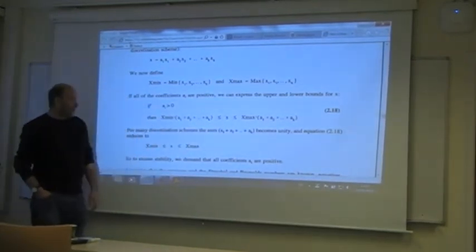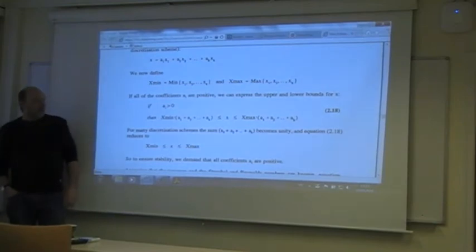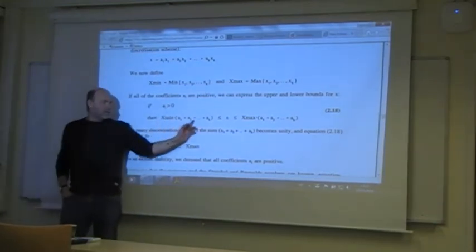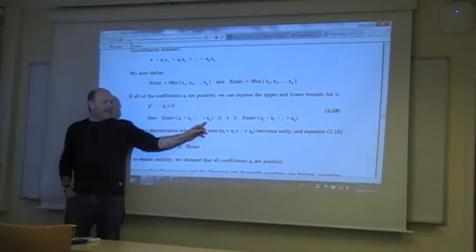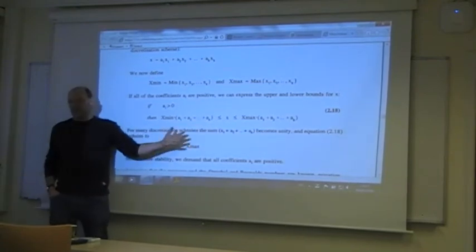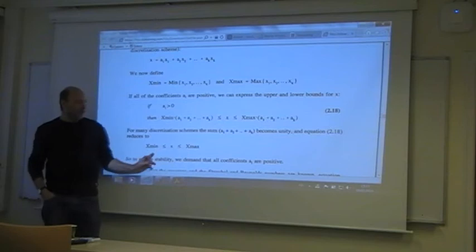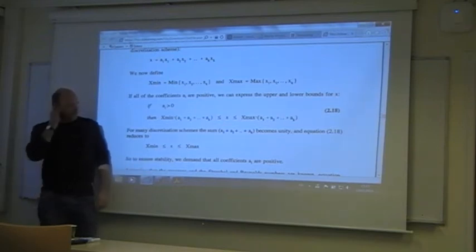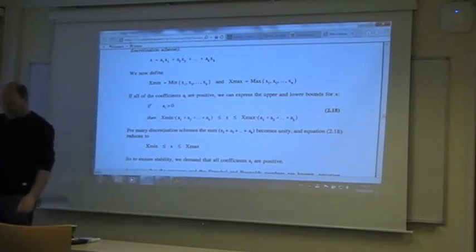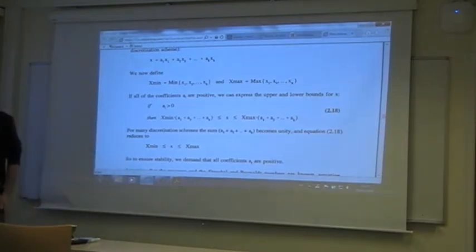Furthermore, if the sum of all these coefficients is 1, and strangely enough that happens quite frequently, well, then we have it. X is going to be bounded. Very easy indeed. So that's the philosophy behind this method.